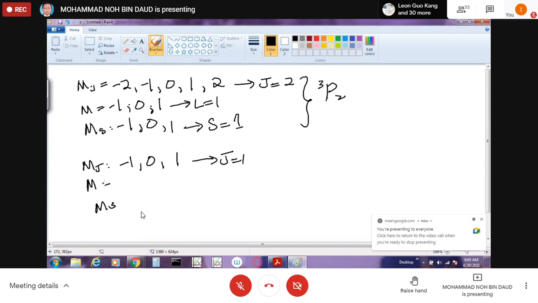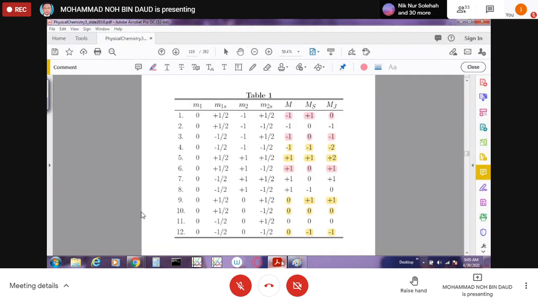So we want to find the M, okay, the component of total orbital angular momentum, and the MS, the component of total spin angular momentum. So the M here, okay, also between negative 1 and positive 1, and MS also is from negative 1 to positive 1.